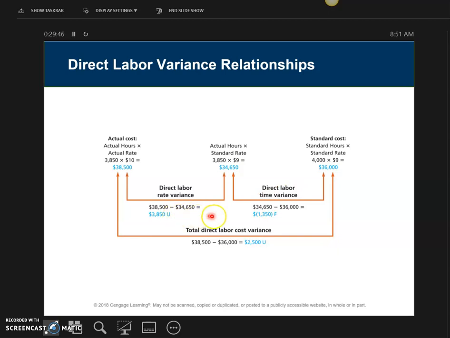So when I get these two answers here, I add them. 38.50 unfavorable plus negative 13.50 favorable will give me my 2,500 unfavorable. This is for my total direct labor cost variance. So these are the type of charts that I'm going to show you shortly, and it's going to have acronyms up here. But these are the ones you absolutely need. On the next video, we will start with the factory overhead.